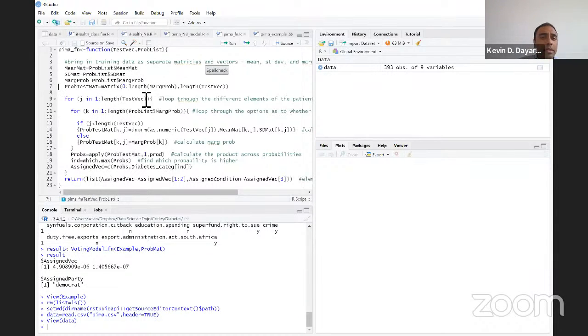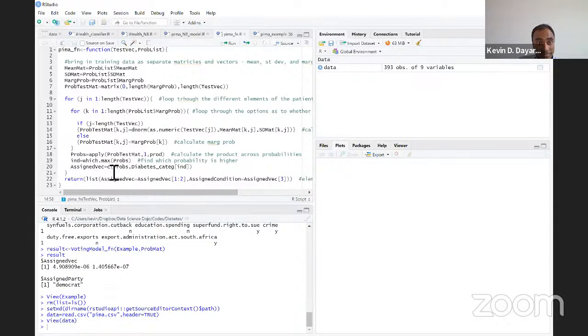And you go through your data, and we invoke the dnorm function in R, which is the probability density function, utilizing the pertinent mean and standard deviation. Then we also tag on the marginal probabilities into this probability test matrix, and we do exactly what we did before.